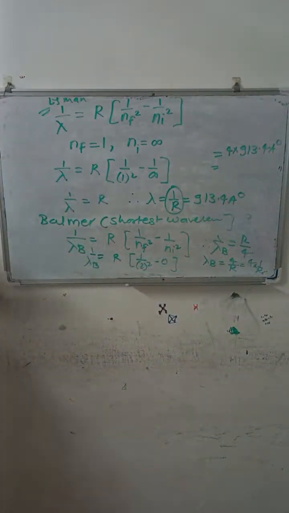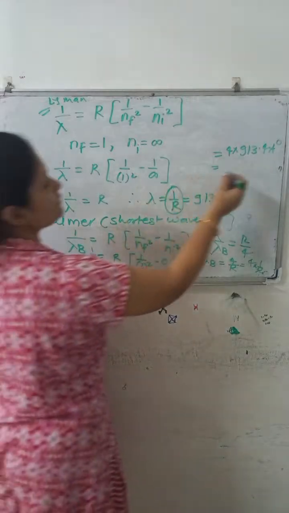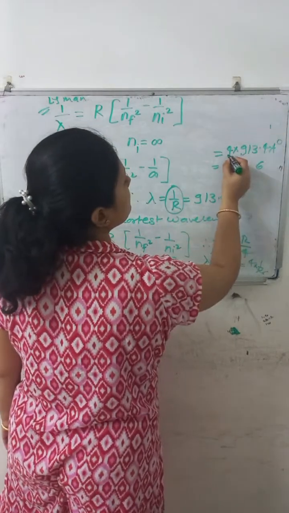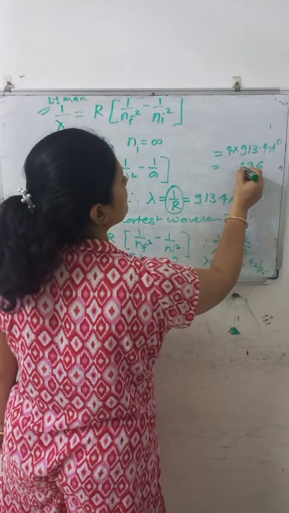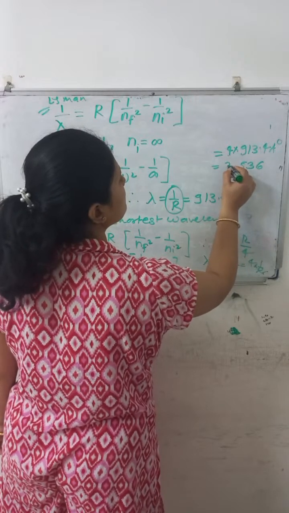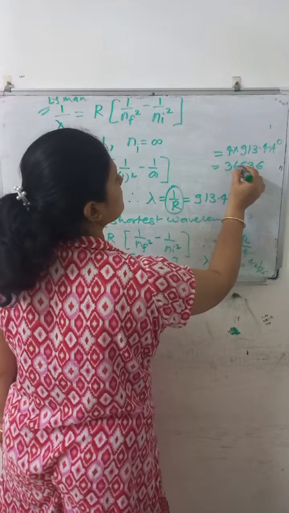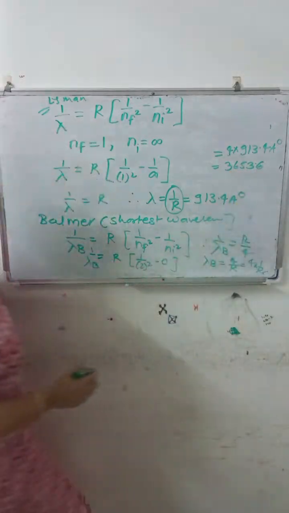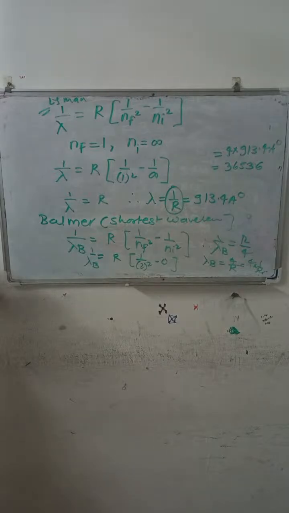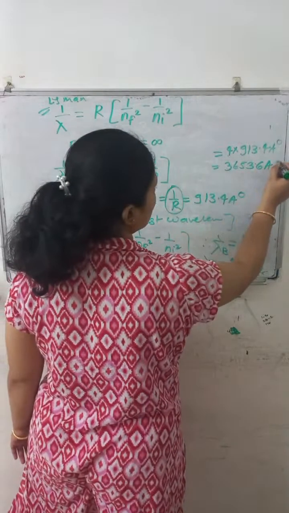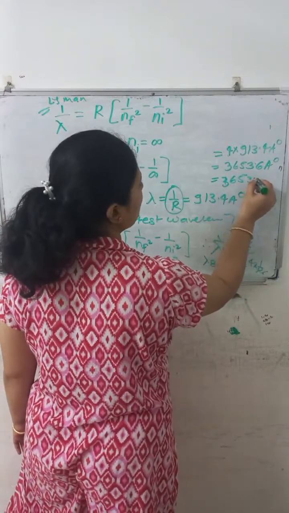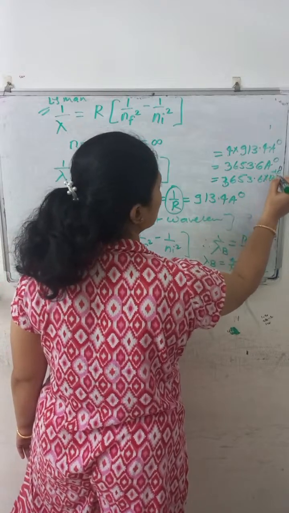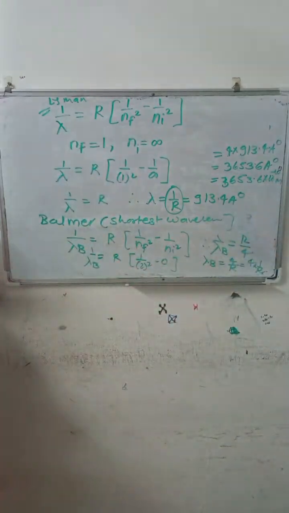So this will come 3653.6, and the answer will remain in Armstrong unit. If you want to convert into meter, 3653.6 into 10 raised to minus 10 meter. So this is the answer.